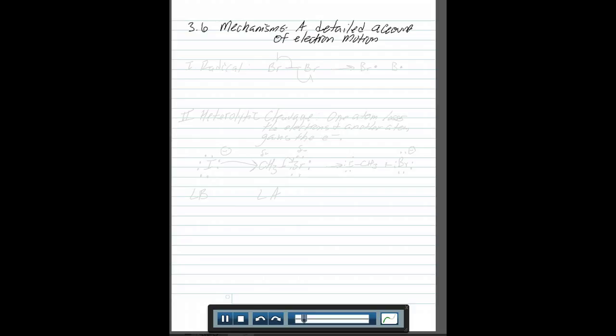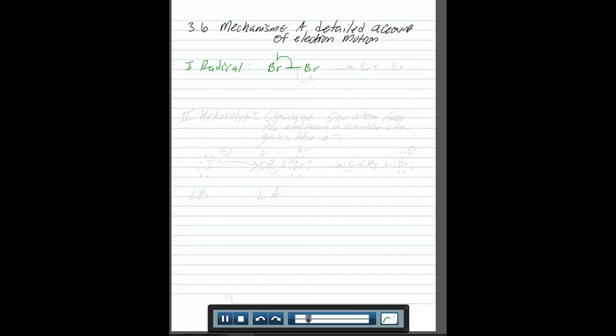All right, there are two types of mechanisms. The first one is a radical mechanism. We're not going to talk too much about this, because not many reactions go by radical, and if they do, they're very unpredictable. But basically what happens is your bond, remember your bond is two electrons, and this bond breaks in half.